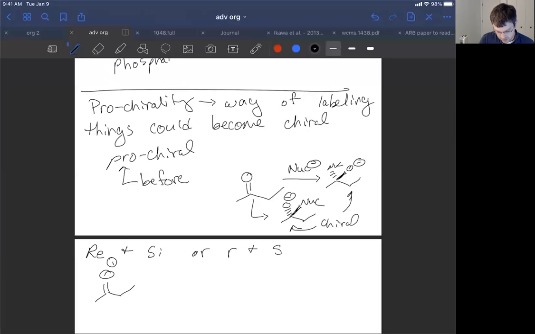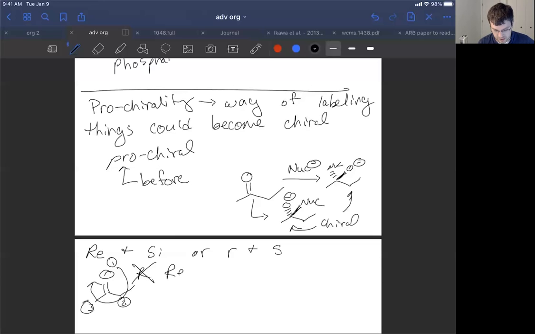If we label the oxygen 1, ethyl group 2, and methyl group 3, hopefully those priorities don't seem too outlandish: oxygen being the heaviest element, and the ethyl group beats the methyl group. If we circle around, it kind of looks R, but it's not R because we don't have 4 groups. We don't have a chiral center. We've only got 3. It would be R if the OH was in front and the number 4 position was in back.